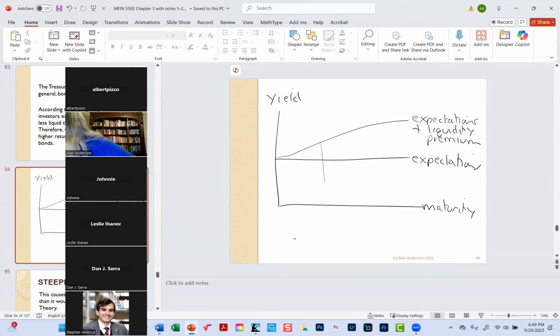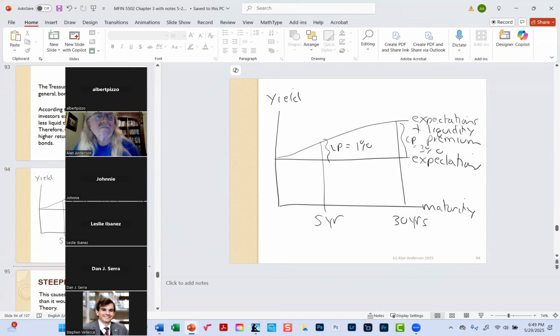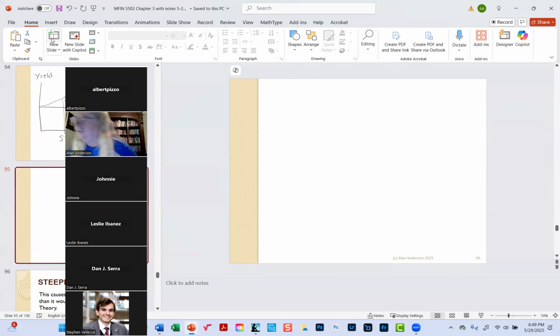Let's say here's the 5-year maturity. The liquidity premium is, let's say, 1%. And then for 30 years, the liquidity premium is, let's say, 3%. So you're adding that on top of your expectations. Now, if you're expecting rates to rise, then that's going to make the curve get even steeper.